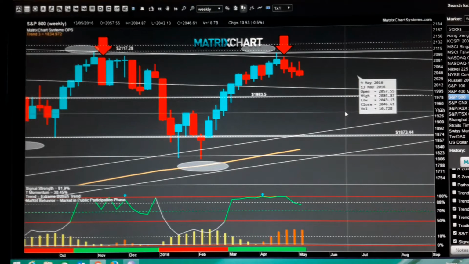It has already formed two pairs of lower low, lower high. I'm expecting the price to move even further down to this region along the major support trend line over here, as well as here, and on the horizontal line, and this is a major support, 1873. So let's see how the price action reacts in the coming weeks from this region.